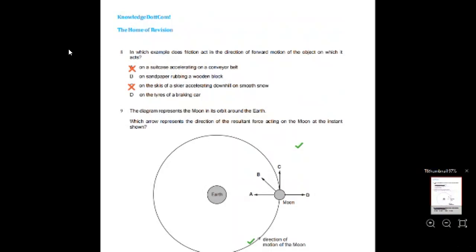On tires of a braking car, that is always opposite. So in my opinion, I think we have this option.